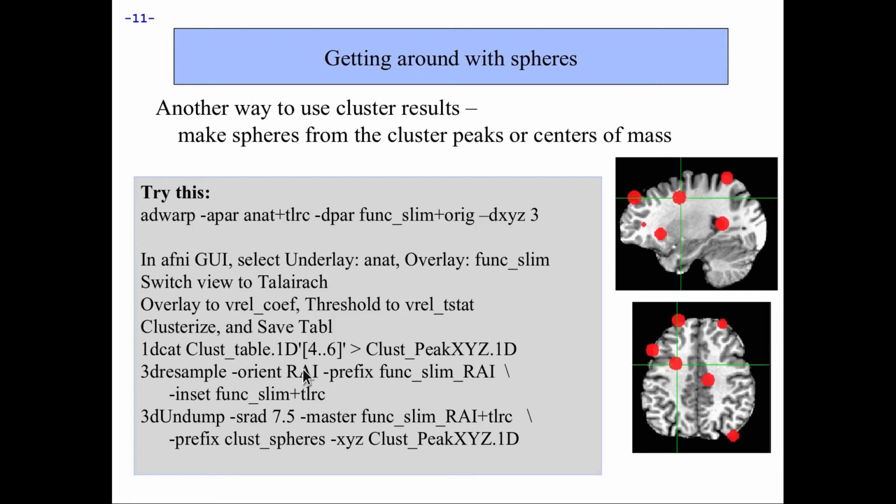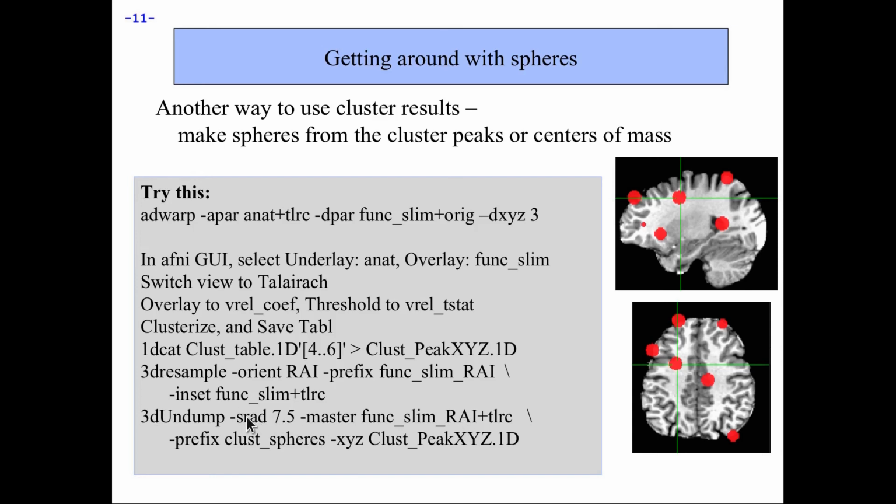This is just one example, and we will create a new data set that's in RAI coordinates with 3dresample. And finally, we'll use this 3dUndump command. 3dUndump is the program that generates these spheres in a data set.